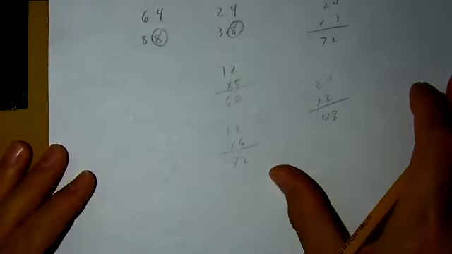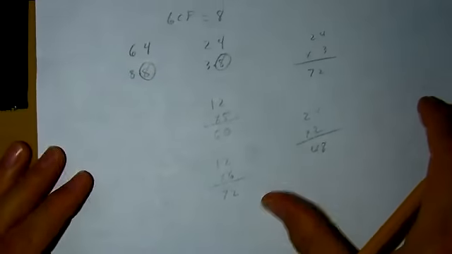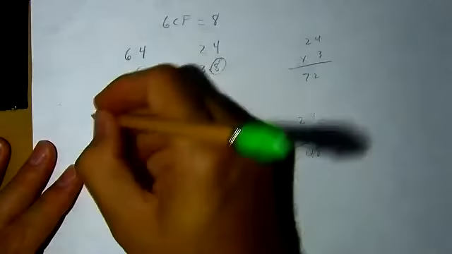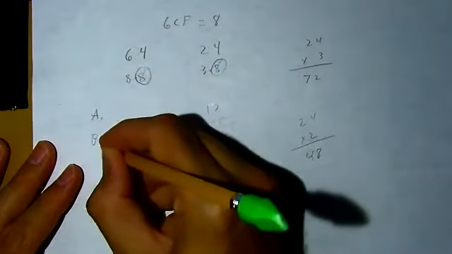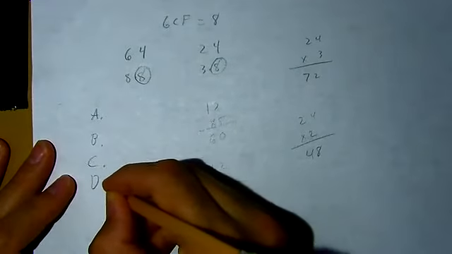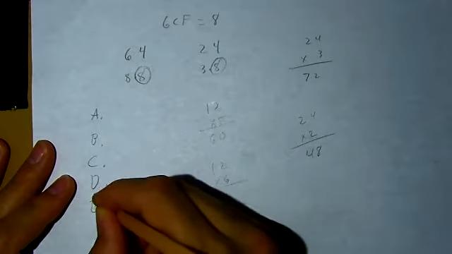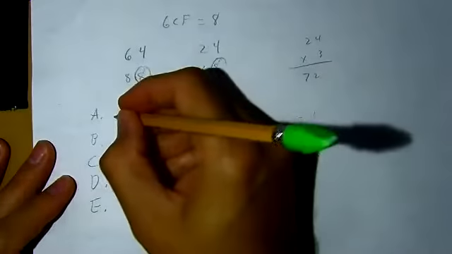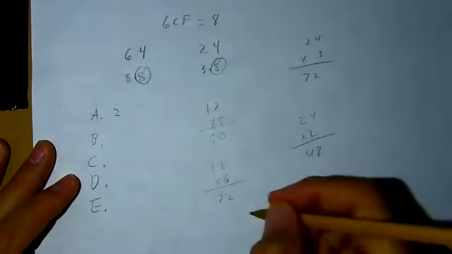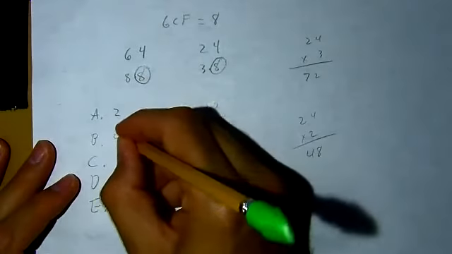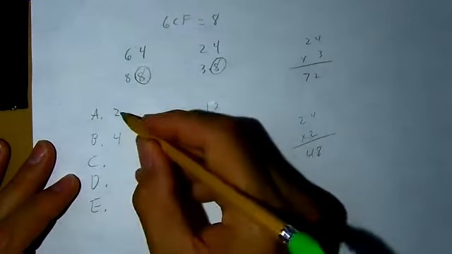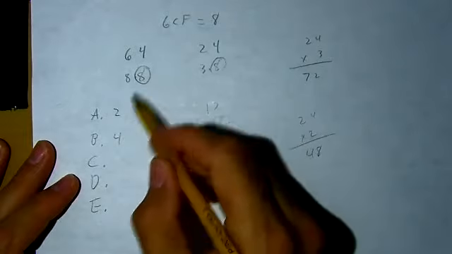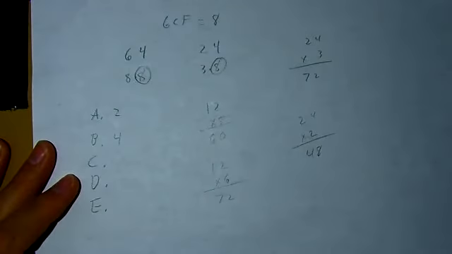Now, if you have multiple choice, it makes it a lot easier. And on the GED, it usually is multiple choice. Over here, they'll have A, B, C, D, and sometimes they'll even have E. And they might have 2 to try to trick you. They might even have 4 to try to trick you, because both of these are factors of both of those. 2 and 4 will go into both of those numbers.